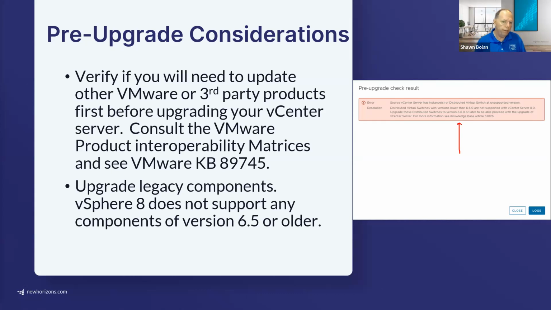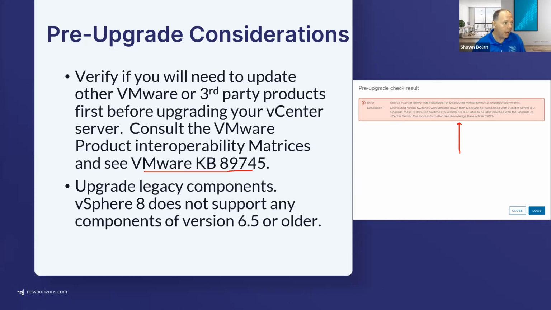There are specific sequences that we have to go through: if I'm running vRealize products or Horizon products, what should I upgrade first? Now, I'm highlighting a knowledge base article from VMware, which I will show you in just a second, where VMware has documented the order that you need to go through to upgrade things.